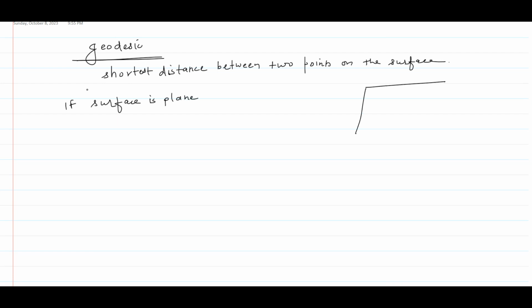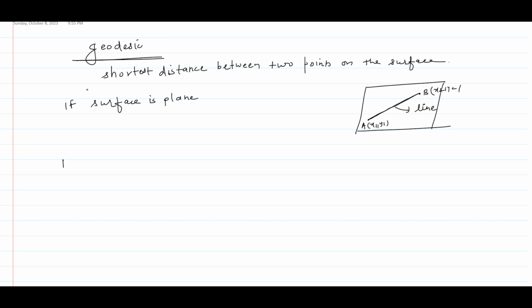Let us suppose this is a plane, and I take 2 points. Let us suppose the point A is x1 comma y1, and point B is x2 comma y2. The shortest distance between the points A and B in the plane is a straight line. This is our shortest length.